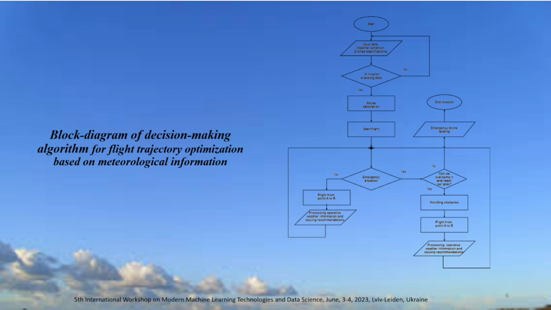All the information that was obtained during the mission is necessary to take into account for the routes of other drones, during the mission while it is in process or when the next mission is planned.